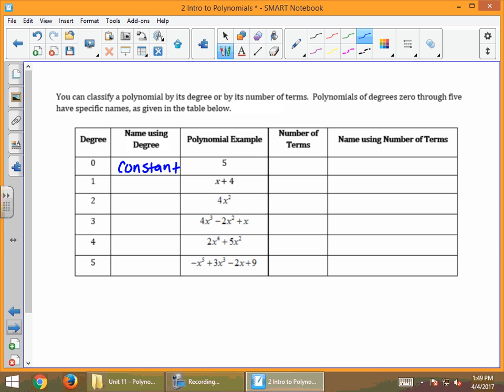So if it has a degree of 0, the polynomial is just a number. Any number has a degree of 0. How many terms does 5 have? 1. It's one term. It's the only thing there. So we would call it a what, if there's only one term? Monomial.